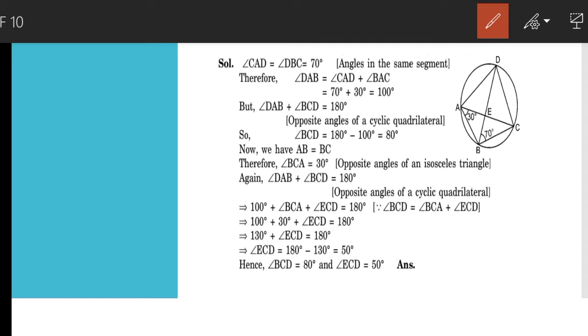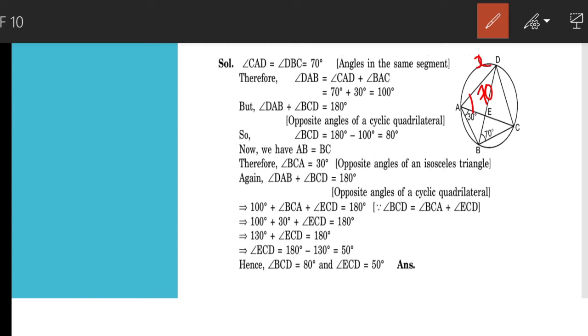Here it is given angle DBC is equal to 70. So this angle CAD also becomes 70 degrees, angle in the same segment.